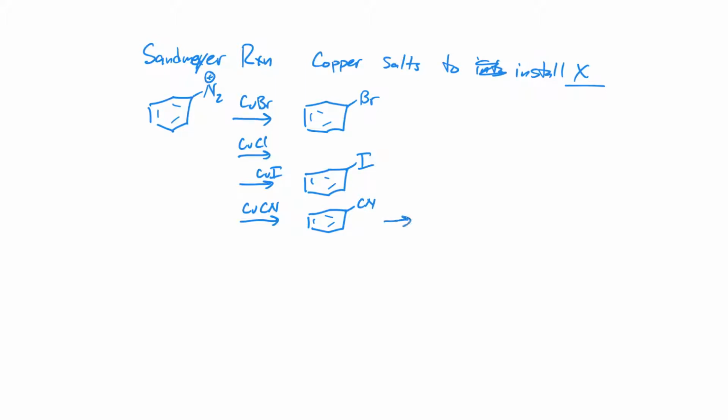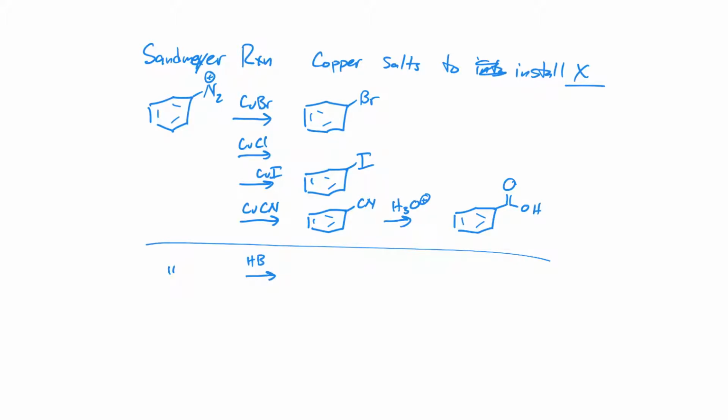One thing we could do, of course, is just to hydrolyze with acid and water to produce benzoic acid. Now, we know other ways to make benzoic acid, but this would be one method that's available to us. Other options, which don't involve copper salts, using the same aryldiazonium, would be the installation of a fluoride, which also is a new reaction.